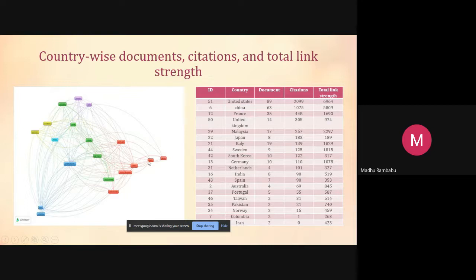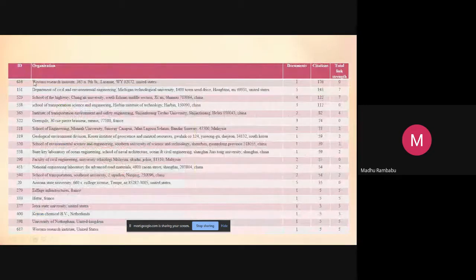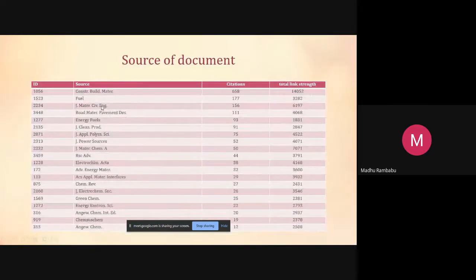You can also know which organization is most cited, and most cited articles having, and it is Western Research Institute. This is the organization having published one document, and it is the most cited article. And next is source.